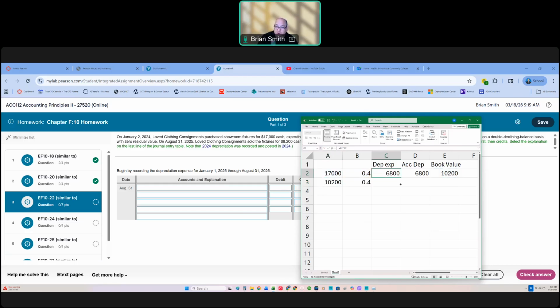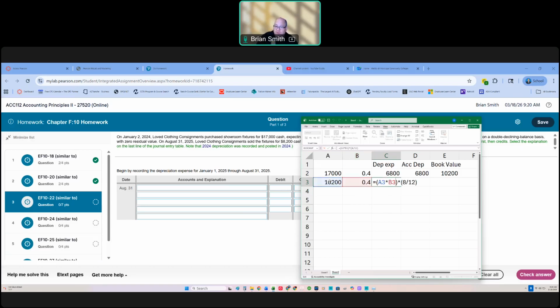So in this situation, our annual depreciation expense should have been 4,800, but we're only doing it for January, February, March, April, May, June, July, August, 8 months. So what I'm going to do is take 8 divided by 12, multiply that. I'll open this up just so you can see the formula here.